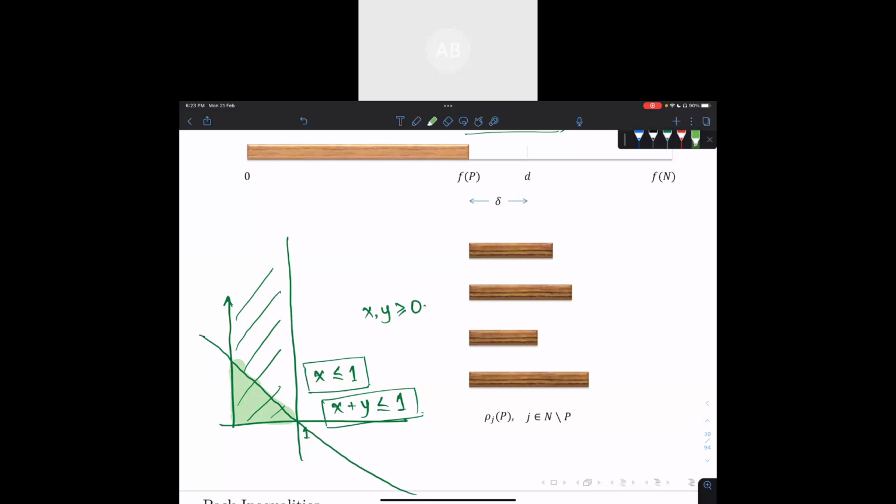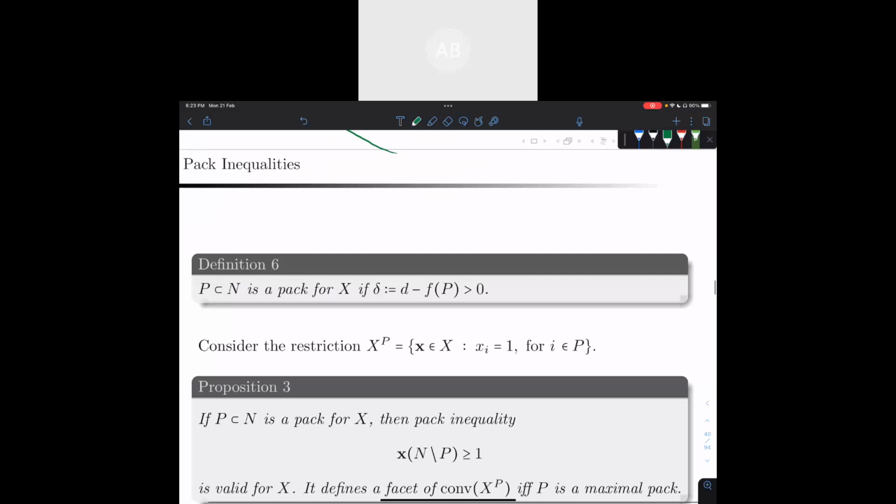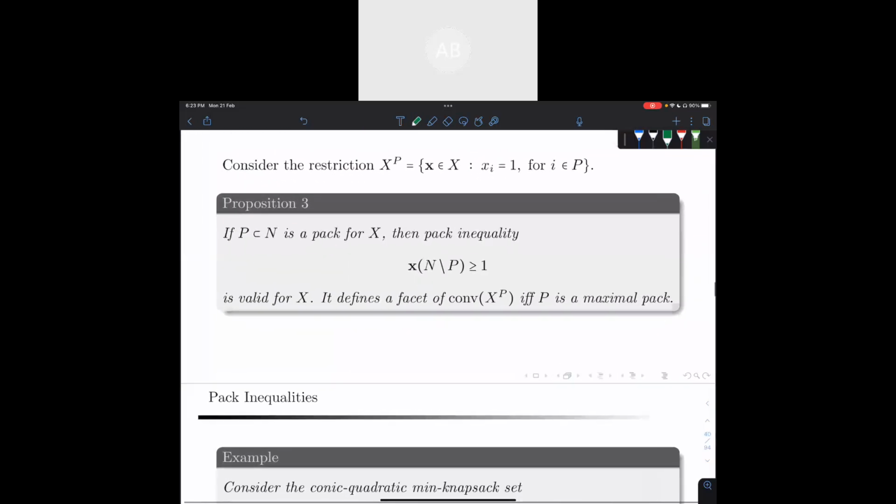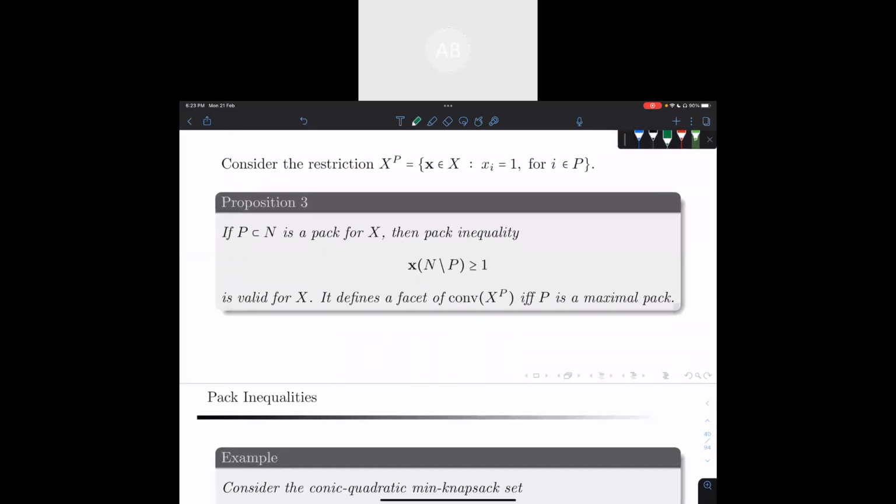Clearly, this inequality dominates this inequality. And that's what I mean when I say that we do not have all elements of index set N in this inequality. We have only the elements from the complement set. So how can we bring elements from the pack itself into this inequality?